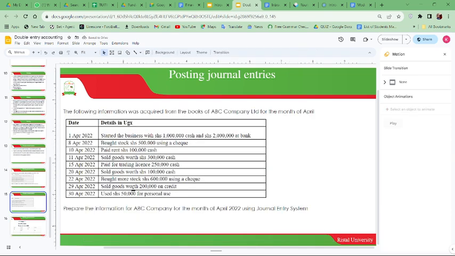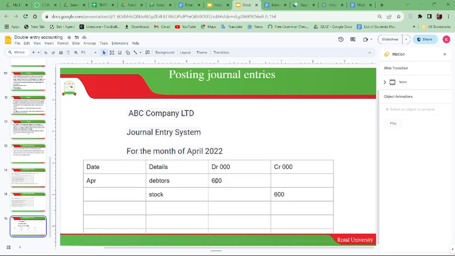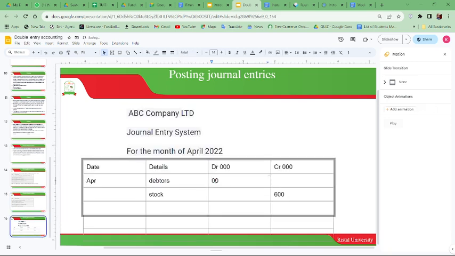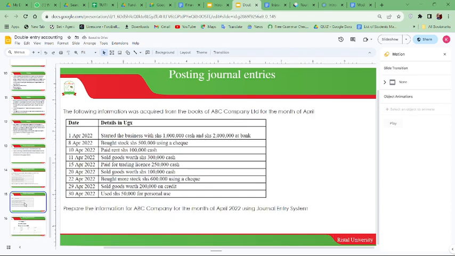The amount is 200, and 200. Then you have to put in your description, which says sold goods on credit. That is your description.